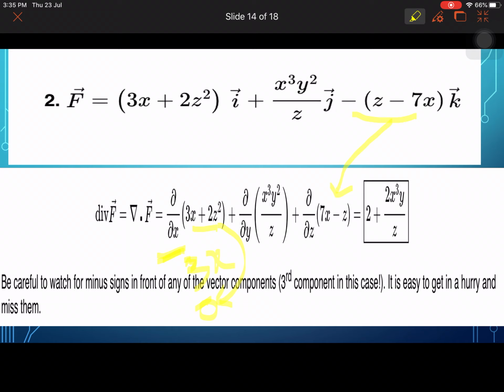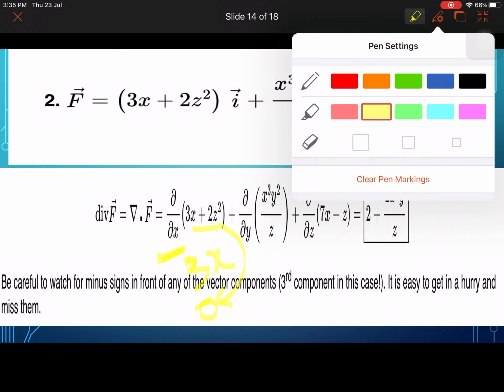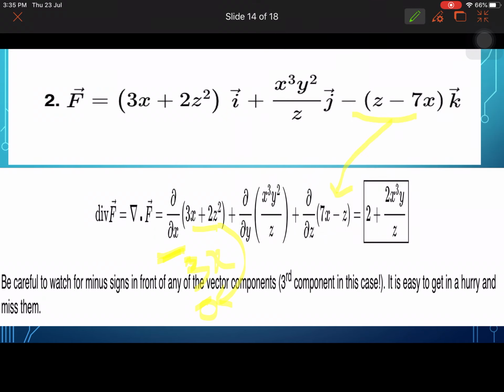With respect to y we are differentiating, so x cube also we should consider as a constant. So x cube by z stays as it is, it is common, and dou by dou y of y square equals 2y, so 2y x cube by z is this value.